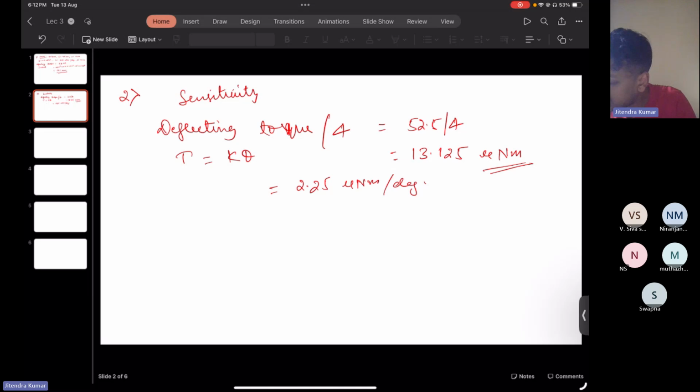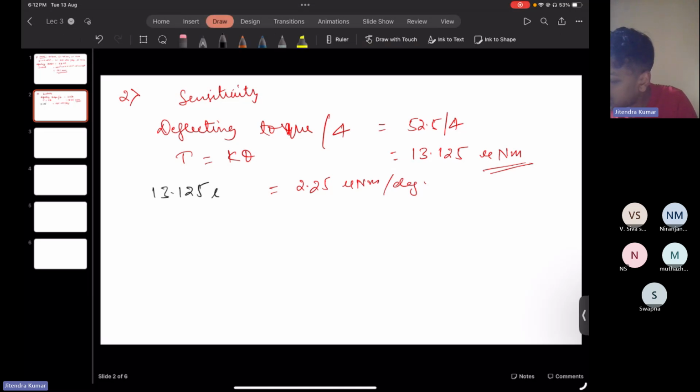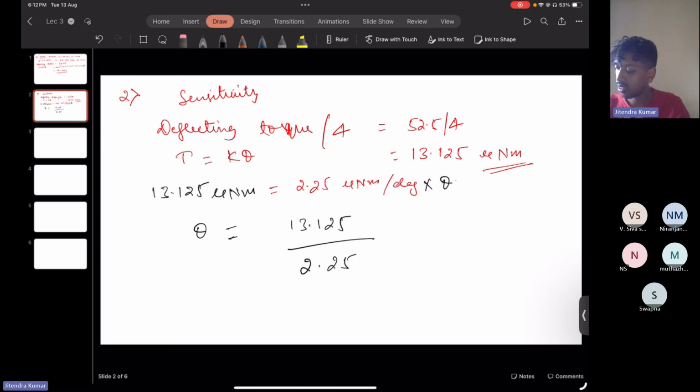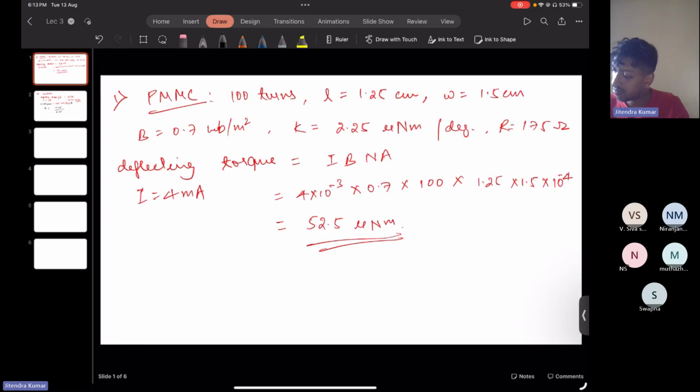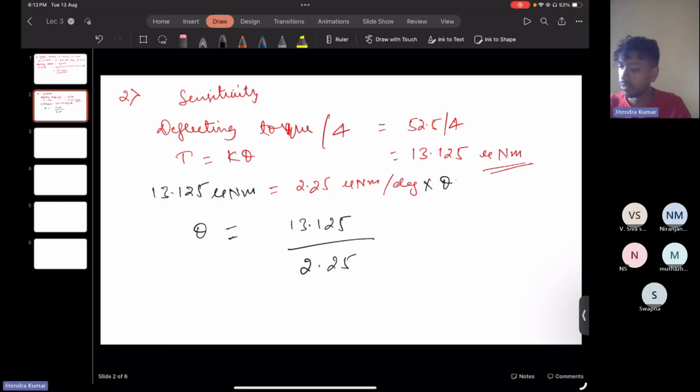Yeah. So 13.125 micronewton meter is the torque, this is K, and this will be theta. So theta will tell you the deflection in the pointer for 1 milliampere, and that should be 13.125 divided by 2.25, and it will come out to be how much? How much did you get?